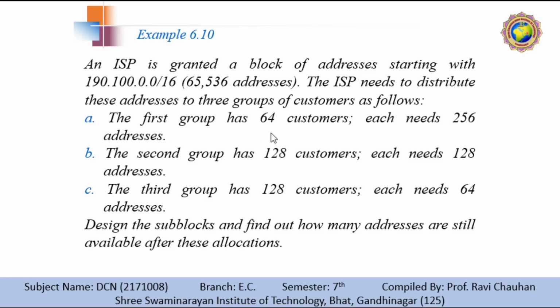The first group has 64 customers, each needs 256 addresses. The second group has 128 customers, each needs 128 addresses. And the third group has 128 customers, each needs 64 addresses. Design the sub-blocks and find out how many addresses are still available after this allocation.